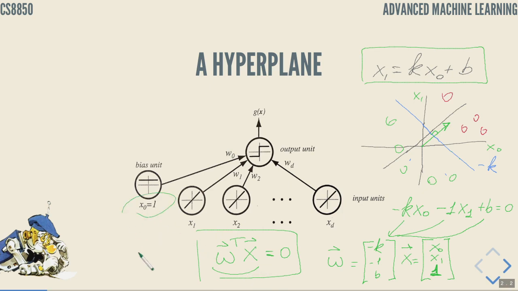It could be on top, on the bottom, or effectively anywhere, as long as it's consistent for all x's, for all data points. And our bias is now encoded in our data points. And when our w normal vector is normalized to 1, the bias is just that weight.